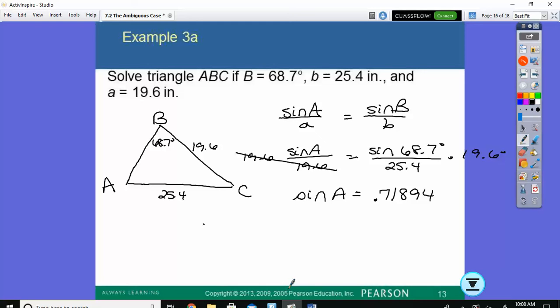Okay, so we're going to get an answer. I got like barely off, like you got 7.18 and I got 7.16. One of us mistyped. You did 25.5 instead of 25.4. That's pretty small. Okay, when is sine positive?